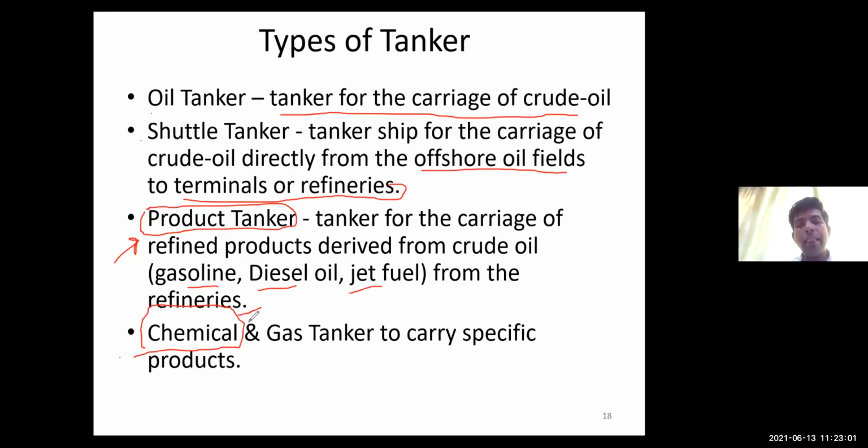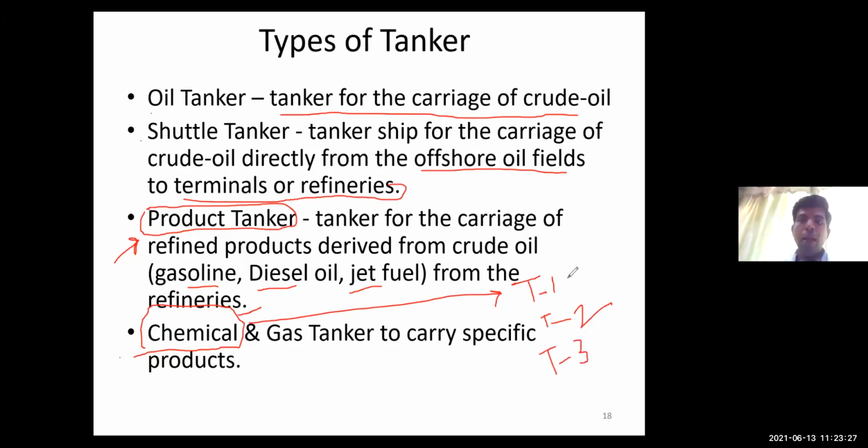And as I said, these chemical tankers are further divided into 3 types. There is a type 1 tanker, just calling it T1. There is type 2, and there is T3, type 3 chemical tanker.